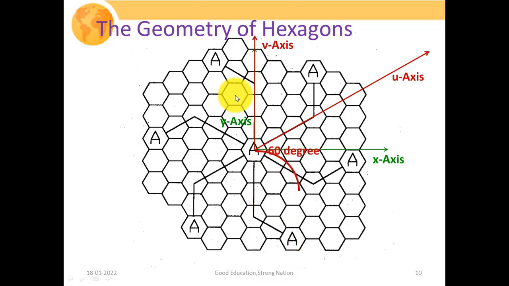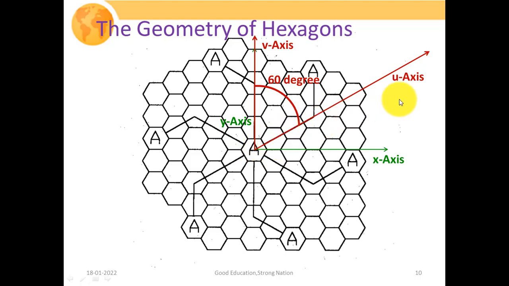In order to perform this cellular computation, we will define a new axis made by joining the center points of various cells, and we may consider any particular direction. As of now, we have considered this particular axis as the u axis, which joins the center points lying over the same line, this center, this center, and so on.